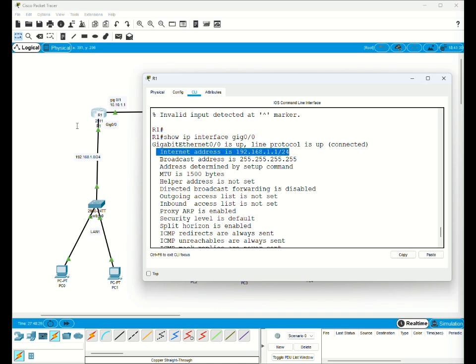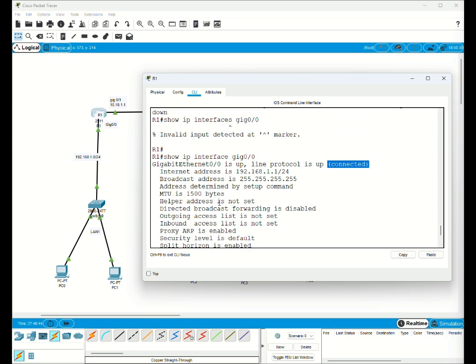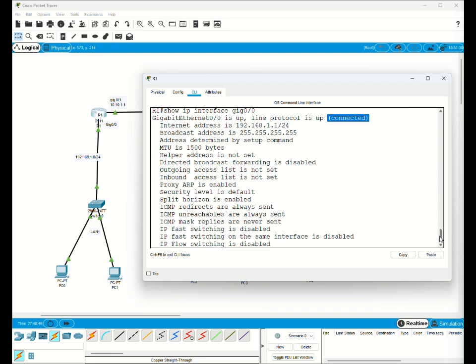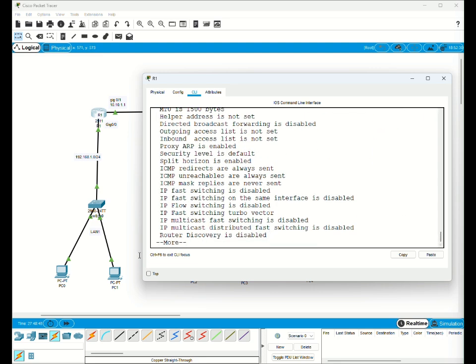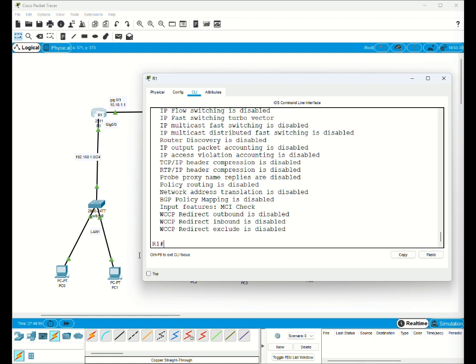So that's the gateway, and that's the broadcast address, and it's telling us that the interface is up, the line protocol is also up and connected. So that's a good detail to narrow down during troubleshooting.